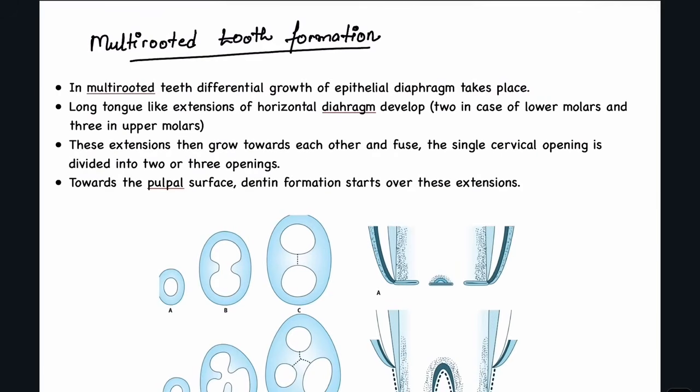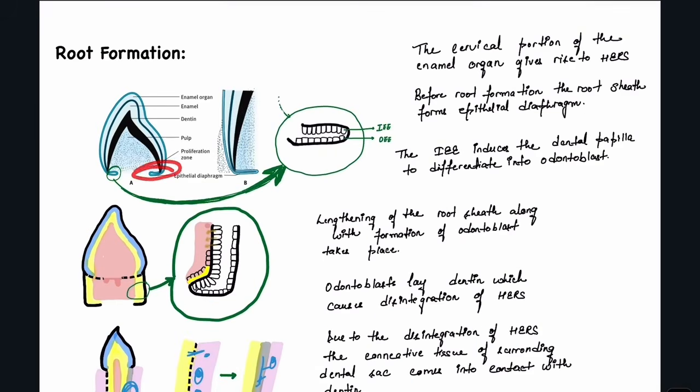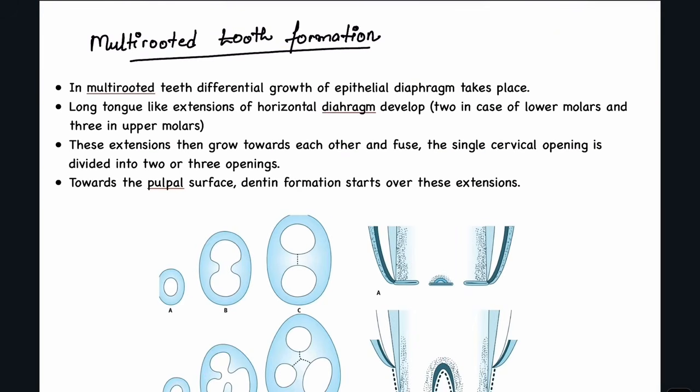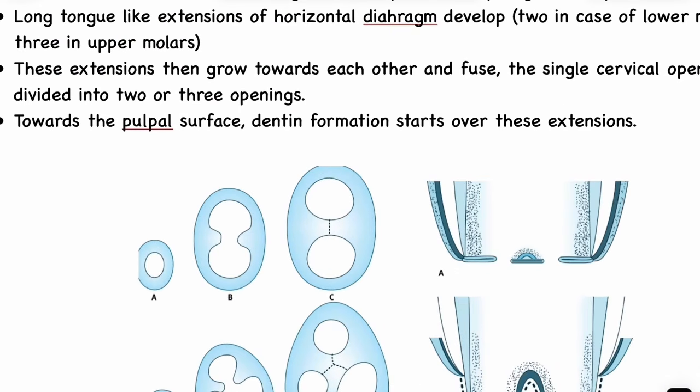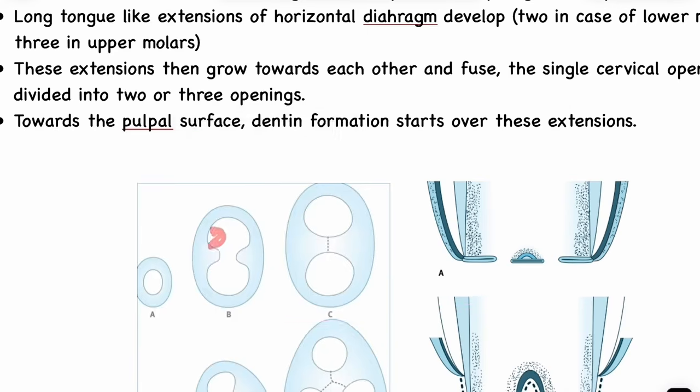Now, how does multi-rooted tooth formation take place? We saw that there is one diaphragm forming and one single root will be formed. But how will more than one root, how will two or three roots be formed? What happens is that we had this HERS, this extension. This is how it will look if I see from here. In this, two extra tongue-like projections are formed.